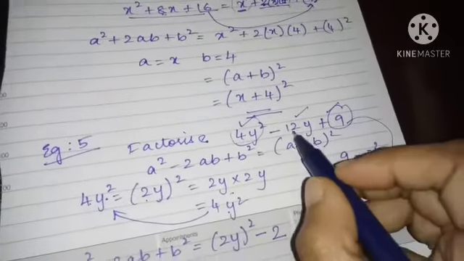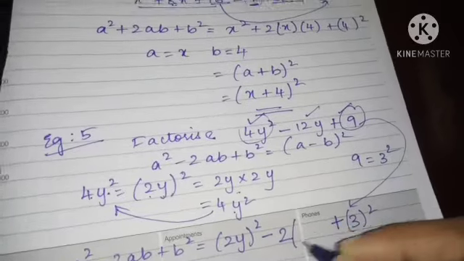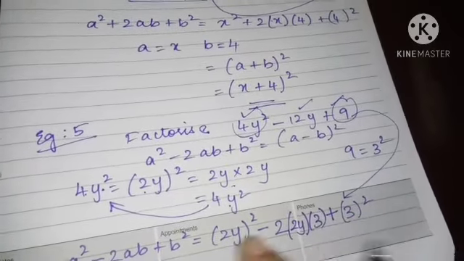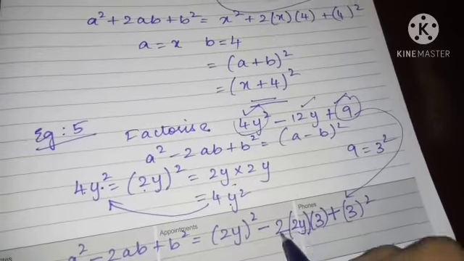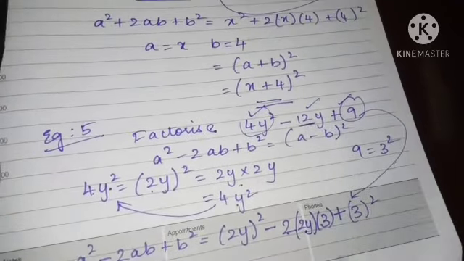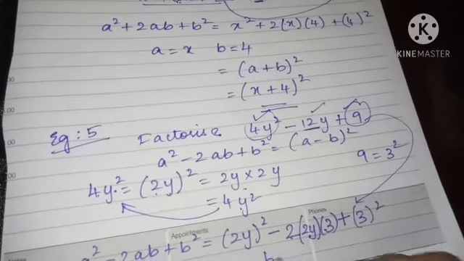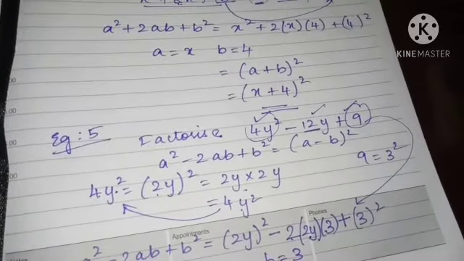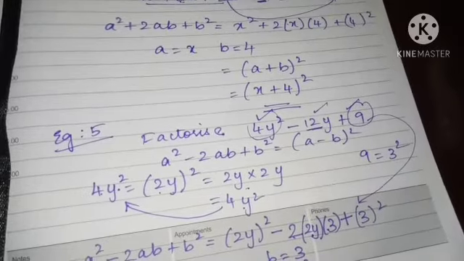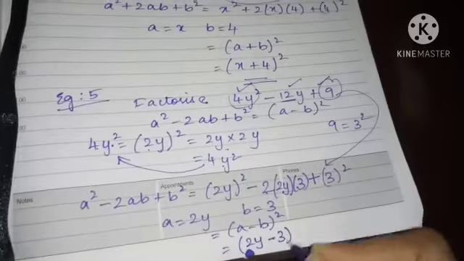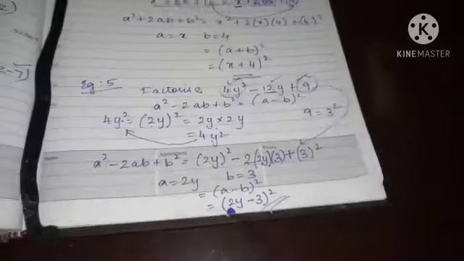So what is remaining after taking 2 outside? 2ab, A is 2y, B is 3. 2 2s are 4, 4 3s are 12. You are getting this right? So here a is 2y, b is 3. Now a minus b the whole square means 2y minus 3 the whole square. So this is your factorized form.